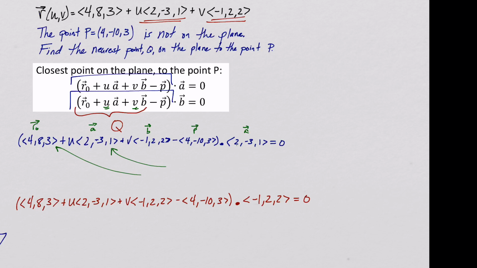Okay, and so the first dot product I get in doing this, so I've got 4 times 2, so that's going to be 8.